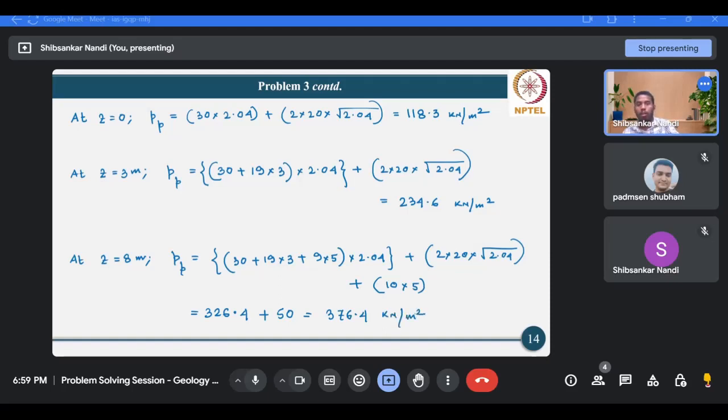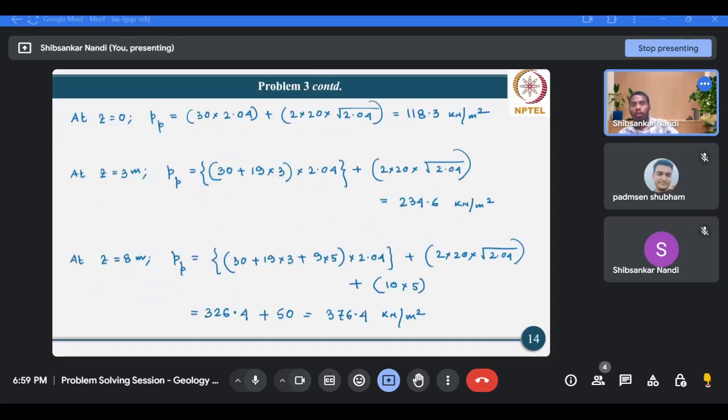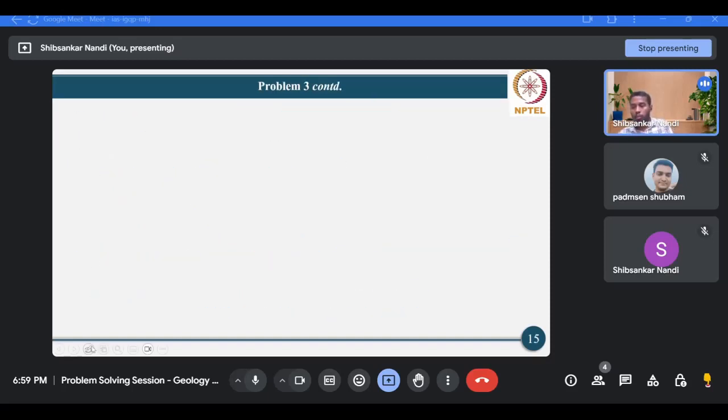That's good. Now we can draw the distribution. This is 0, this is 3 meter, and this 8 meter.